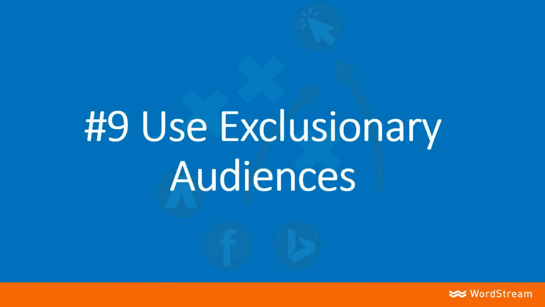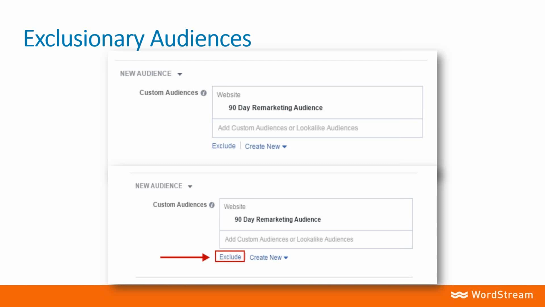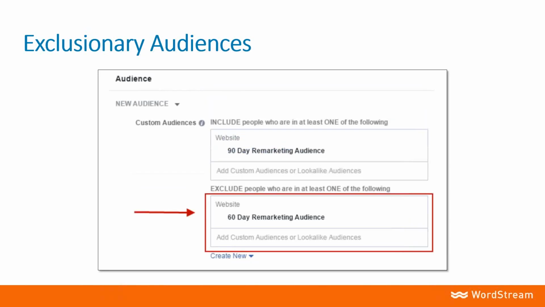And number 9, using exclusionary audiences. This ties back into what I was saying. You can take an audience, like in this example the 90-day remarketing audience, and exclude a segment from that. So in this example, we're hitting people within that 30-day window in between the 90 and the 60-day.